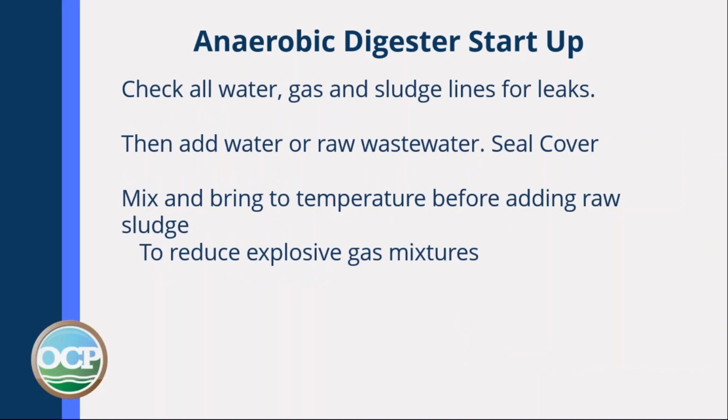As you're starting up, check all water, gas, and sludge lines for leaks. Then you add water or raw wastewater, not sludge at first. You seal the cover, mix, and bring to temperature before you begin adding raw sludge. You do this to reduce explosive gas mixtures.